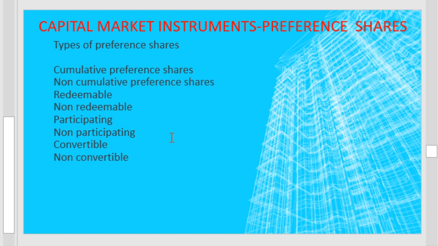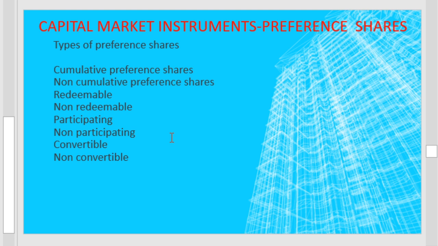The next category is non-redeemable preference shares, which cannot be redeemed during the lifetime of the company. The amount of such shares is paid at the time of liquidation of the company.